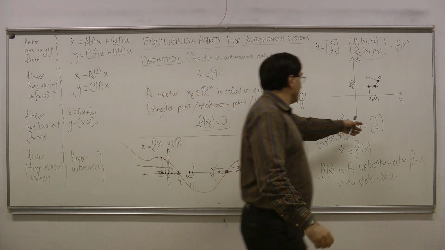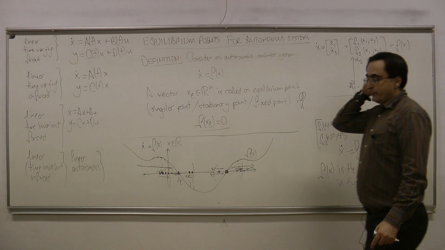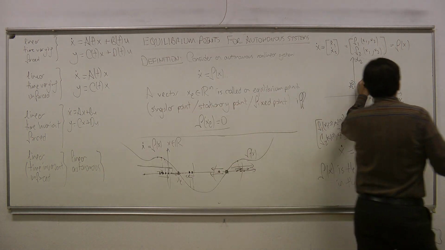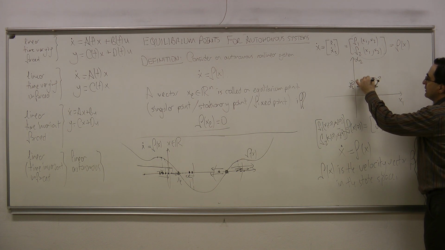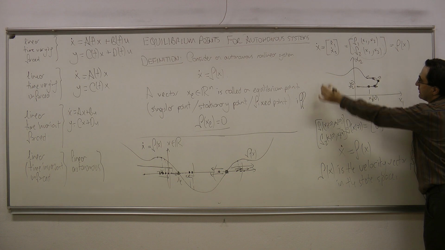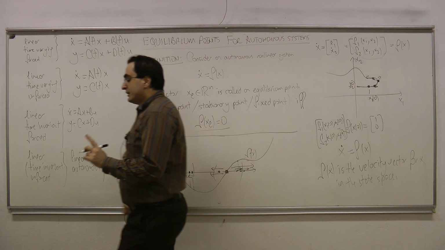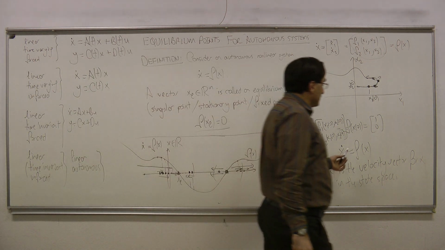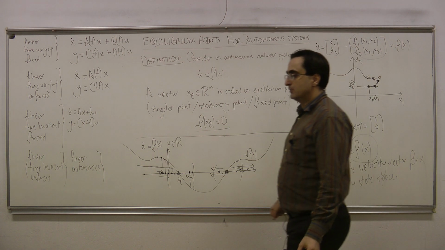And the ratio of the elements of f of x gives you the direction of the velocity. So in that case, I would move in that direction. In this manner, the system will have a trajectory in the state space. So here we understand that this f of x is nothing but the velocity of x on the trajectory of a system.